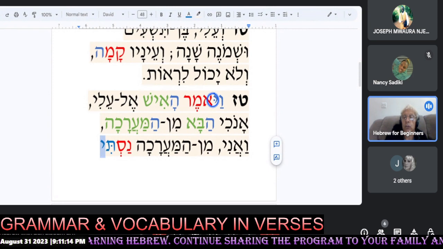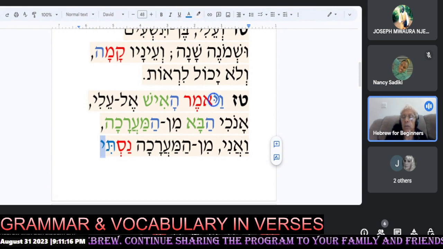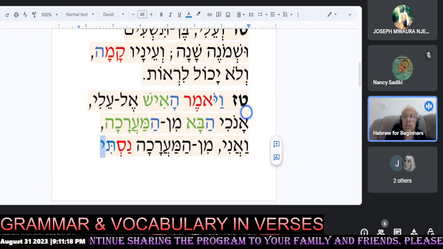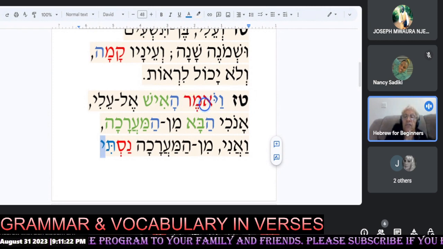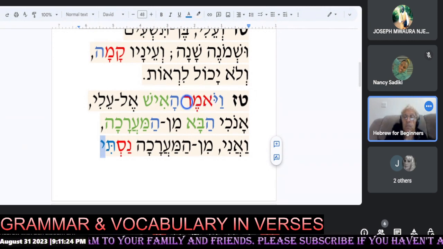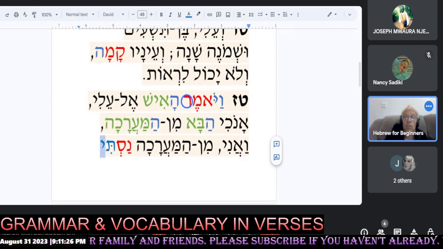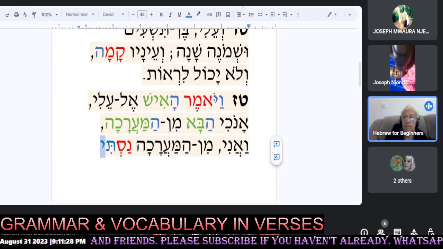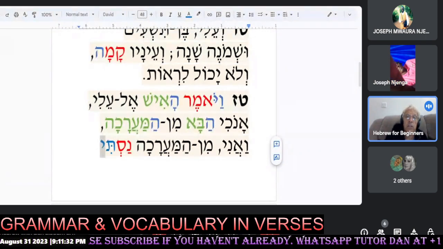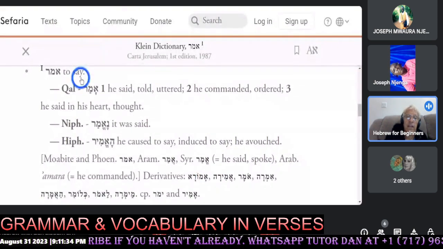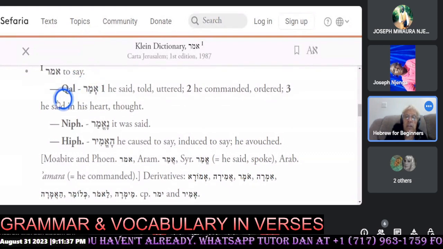We know that the yud means he or he will, so we can get rid of the yud. And so what we're left with is our shoresh, our root, aleph mem resh. And then we can go to the dictionary, and if God is with us, we can find Amar in the dictionary.